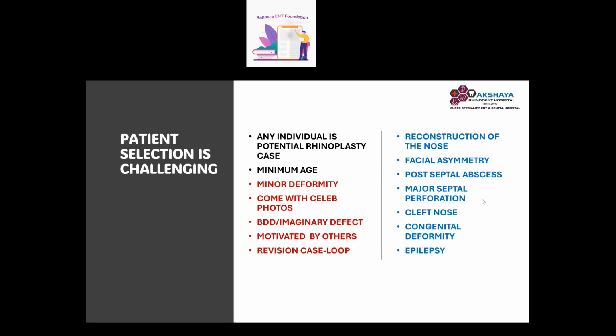So you have to plan everything like that. And sometimes the patient will have other comorbid conditions like epilepsy or bleeding disorders. Then you should be very careful when you have a checklist of pre-operative evaluation and pre-anesthetic checkup. You have to include all these things in the checklist. Okay, that is about the patient selection.